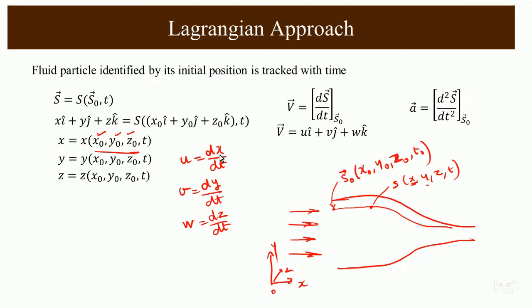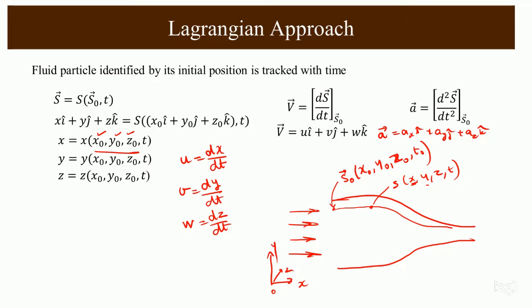Acceleration is d square x by dt square. Now if you see this, we can write acceleration as ax i plus ay j plus az k.